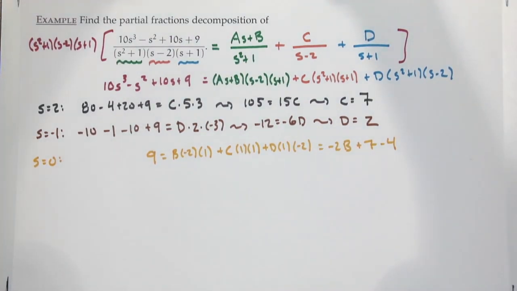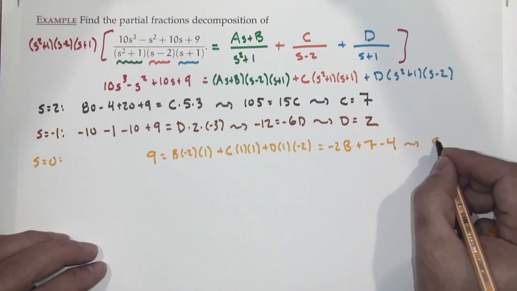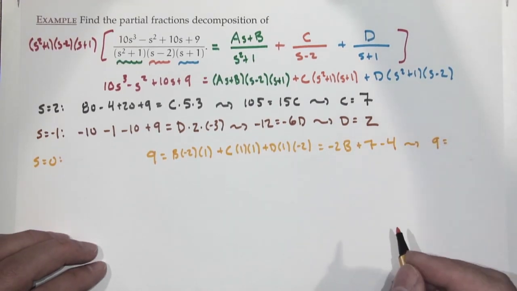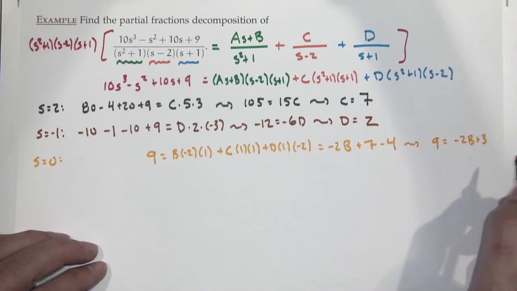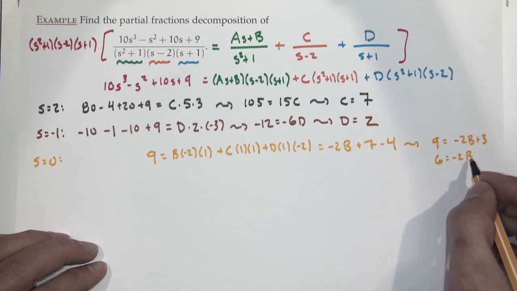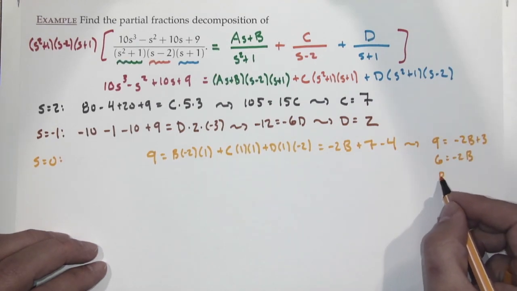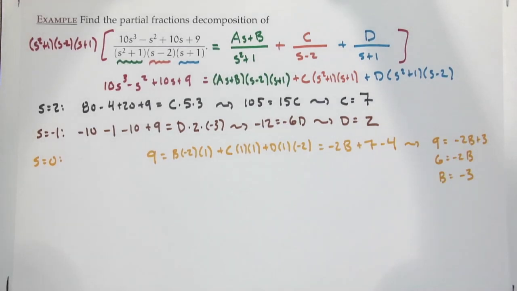All right. Well, that can be rewritten as 9 minus 2B plus 3. Okay, 6 equals minus 2B. So what is B? B is negative 3. All right. Well, that's progress. It really is good progress.